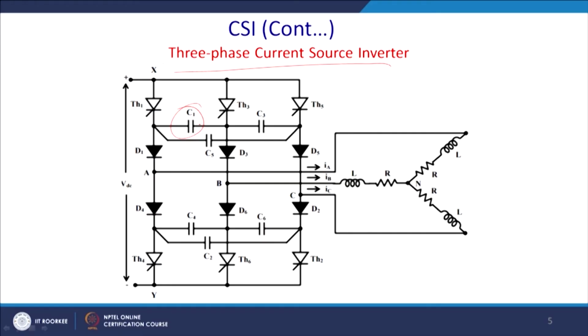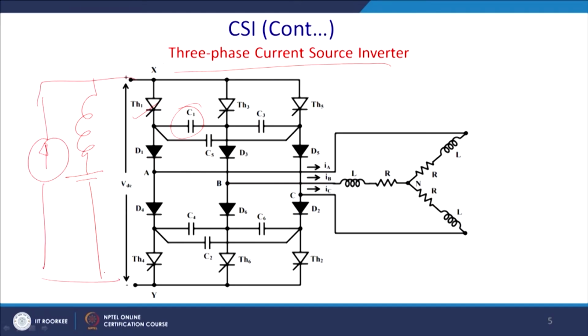This is C1, C2 and C3, the capacitors that ensure auxiliary commutation is achieved. Essentially, you will have an inductor followed by VDC, and that can be considered a constant current source.